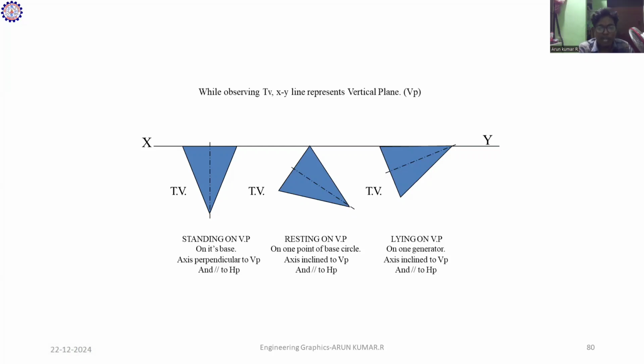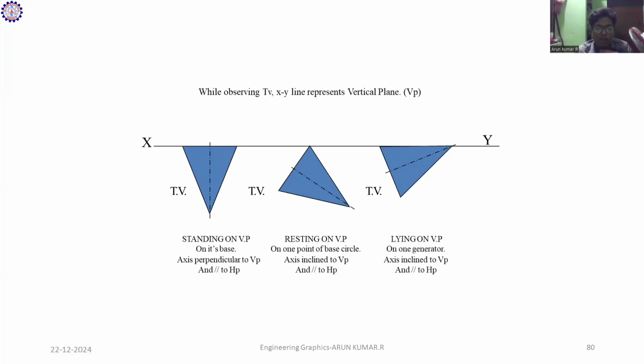As in the previous slide, it is a generator or a triangular face or one of the generators, whatever name is given in the problem based on lying on VP. VP is called the vertical plane. It is one of the generators lying on VP, with the axis inclined to VP and parallel to HP. That is the wording that will be there.